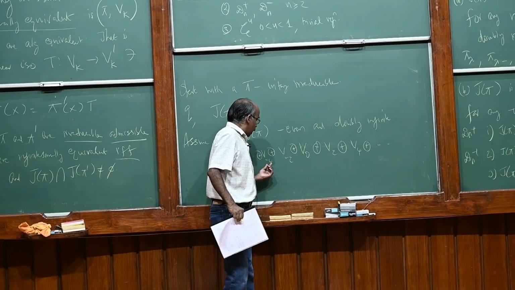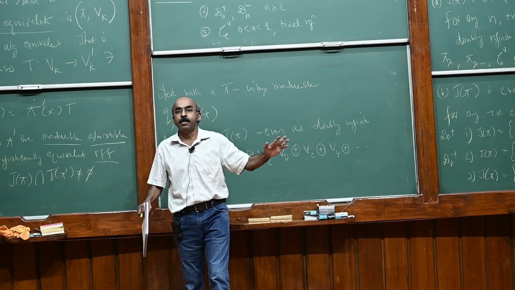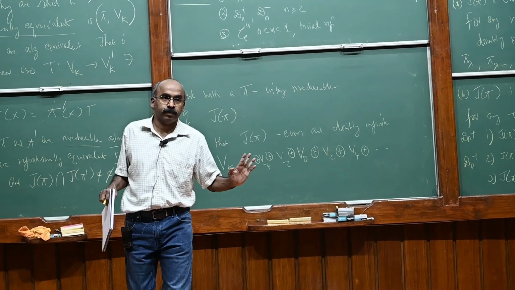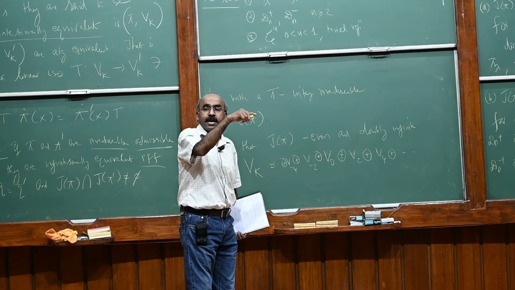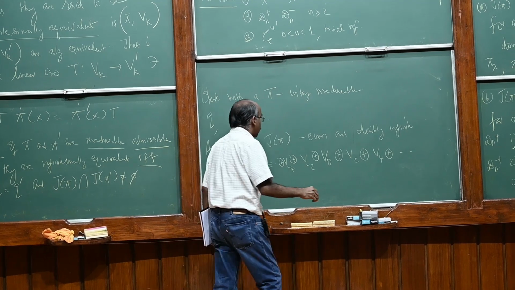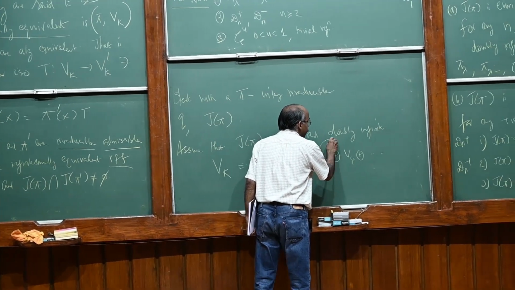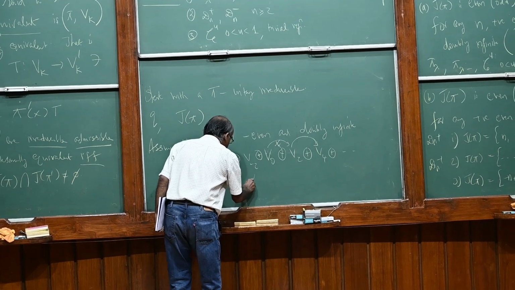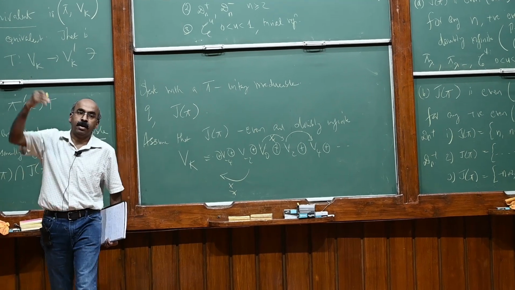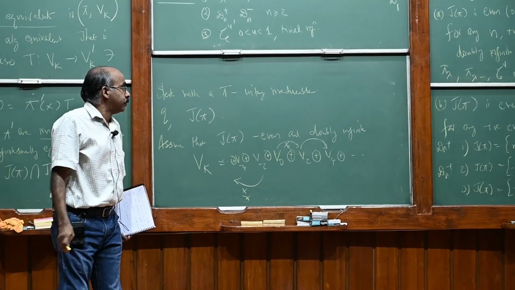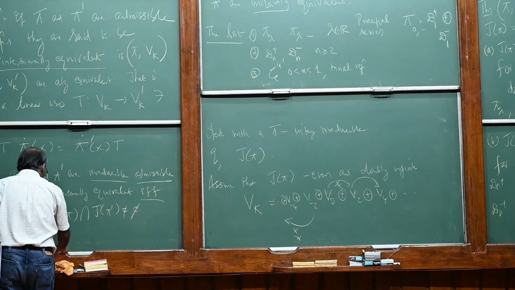So if I choose norm 1 vectors from each of them, I have an orthonormal basis for my Hilbert space. It looks simple. And recall all those operators we had, X alpha and X minus alpha. X alpha goes this way and X minus alpha goes this way: X minus alpha reduces, X alpha increases.